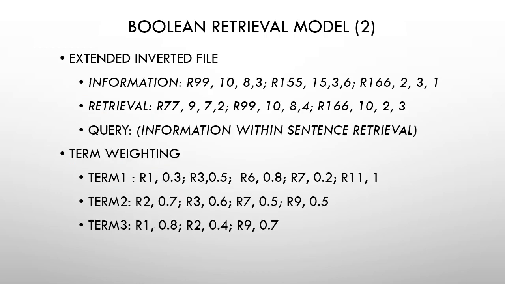Now we could extend that representation into the following form. For example, we have a word information and a word retrieval. The word information appears in document number 99 and document number 155 and also document number 166.